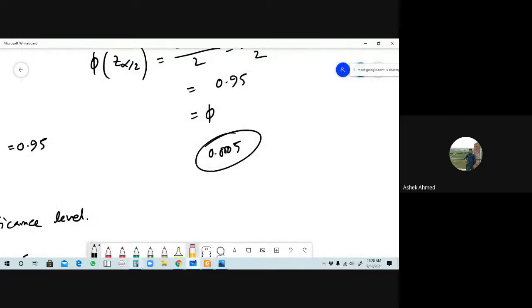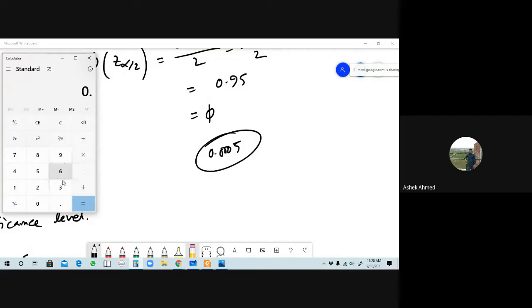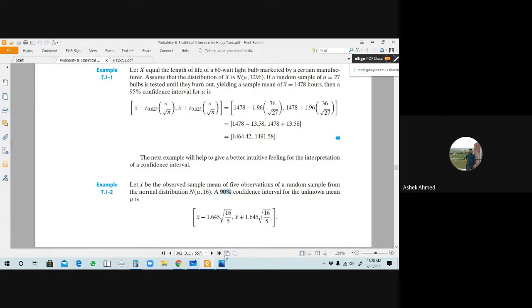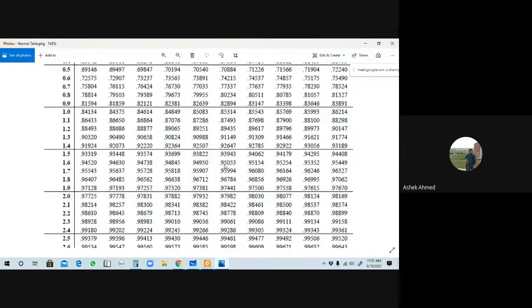Now see, if you subtract 0.9495 from 0.95, it will be 0.0005. Is it right? Yes, sir. The first value is less than 0.95 by 0.0005, and the next value, 0.95053, is greater than 0.95 by 0.00053.